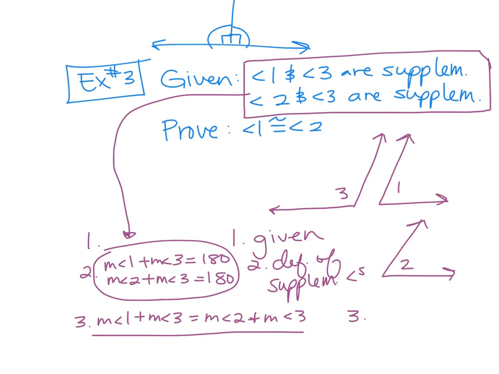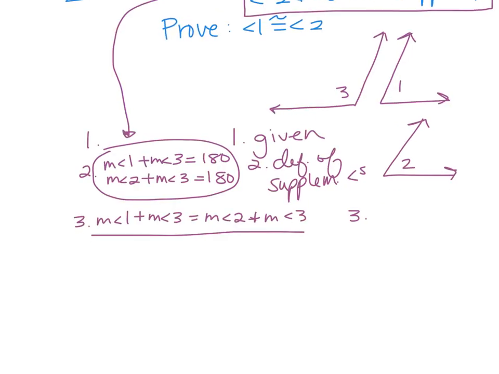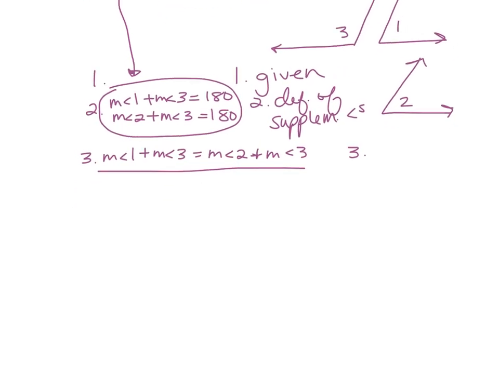Not supplemented. What's the word? Think basketball. Substitution, right? I took out the 180 and I put in what I know 180 equals. So you can call this substitution, or you can call it what? Transitive, right? Take out the two that are the same and set them equal. So transitive or substitution. You can do either.